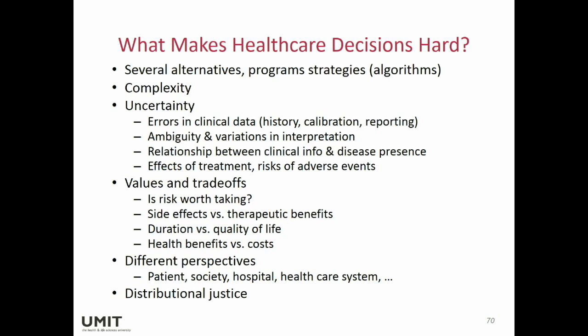You could think of different tests, different combinations of tests, start age, screening intervals, and so on. Many strategies that you may not have the chance to evaluate in trials.